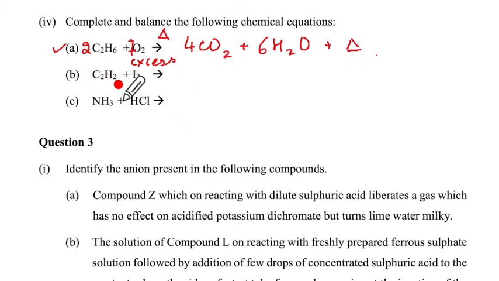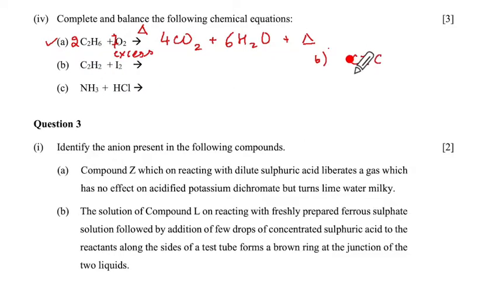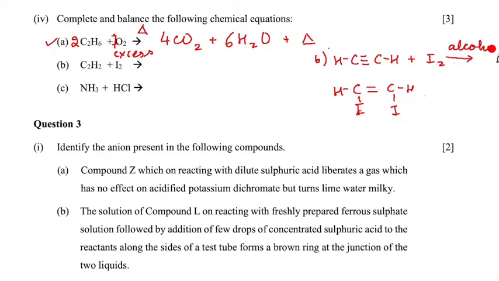C2H2 plus I2. Now here, this is our C2H2, correct? And now if we add I2 to that, we will have a triple bond becoming a double bond, and it will have 1 valency opening, and you will get this. Now the condition for this is alcohol.